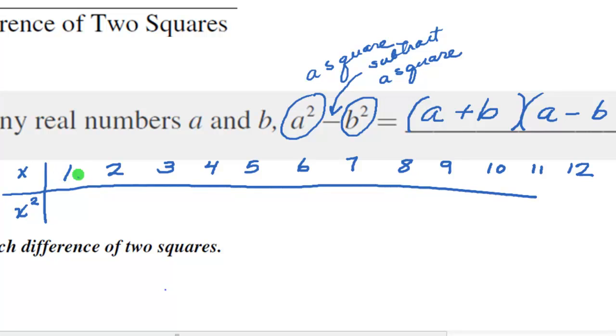Well, 1 times 1, 1 squared is 1. 2 squared is 4. 3 times 3, 3 squared is 9.